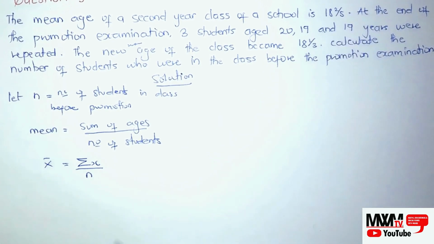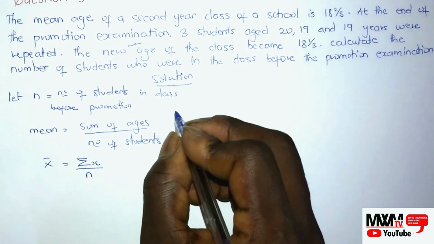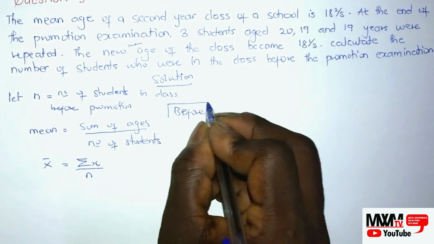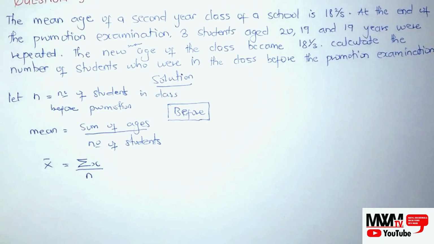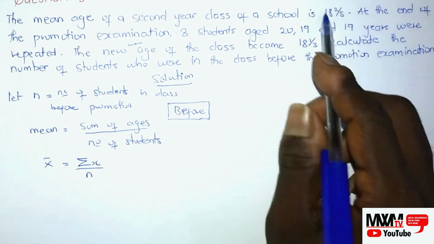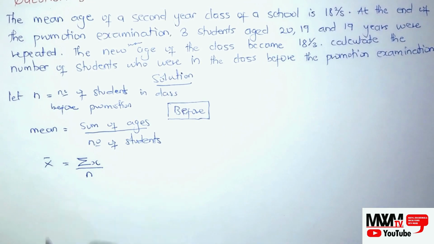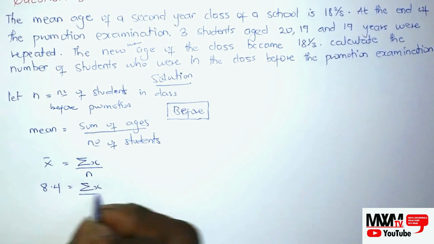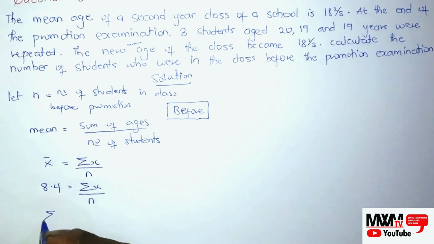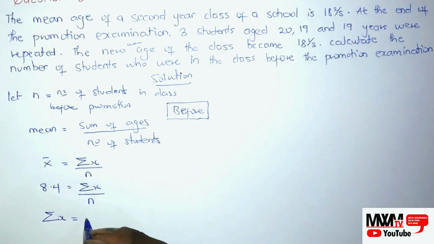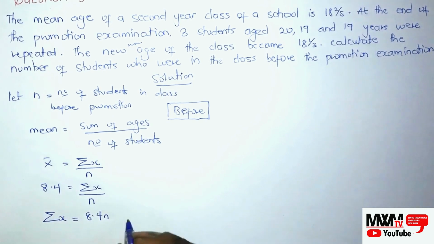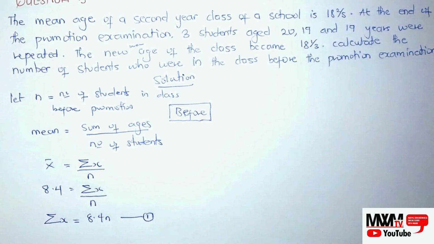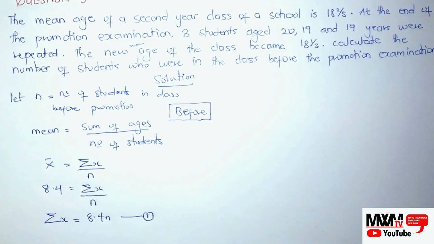Now the mean before promotion, so everything we are doing here is before. Now the mean was given as 18 whole number 2/5, which is 18.4. So 18.4 is equal to summation of x divided by n. From here, if we cross multiply, we can see summation of x is equal to 18.4n. Let's say this is equation 1. So this is the sum of the ages before the promotion.